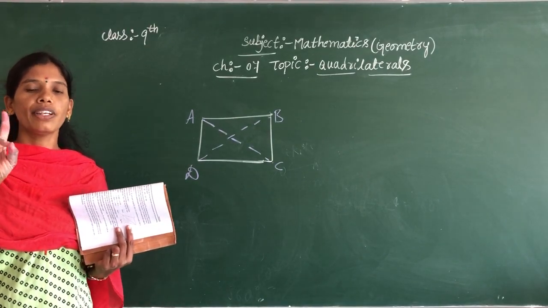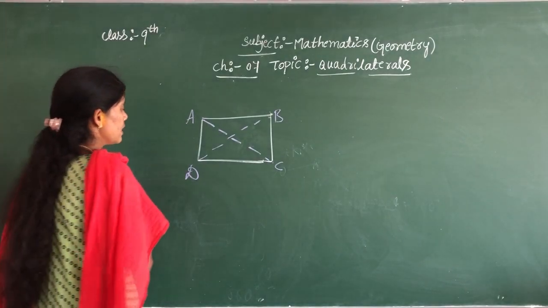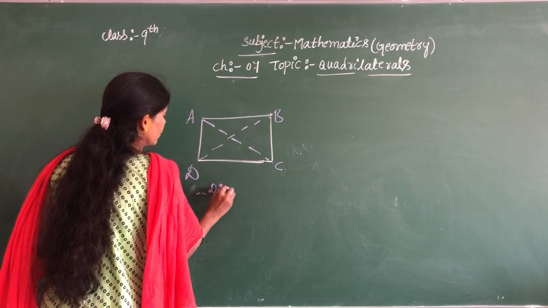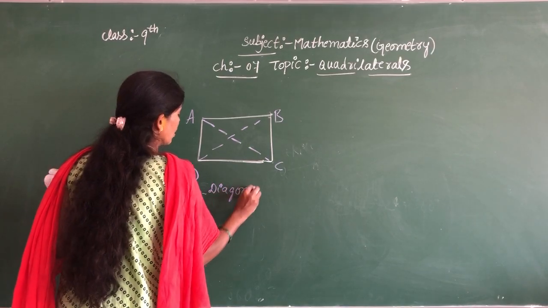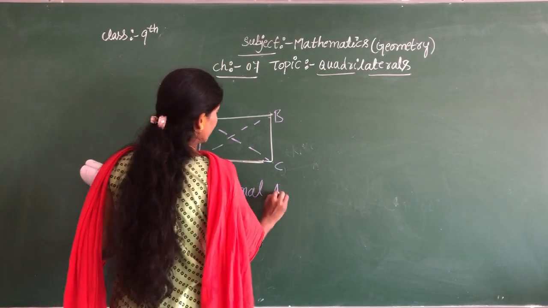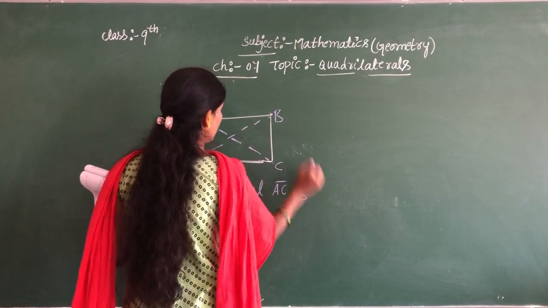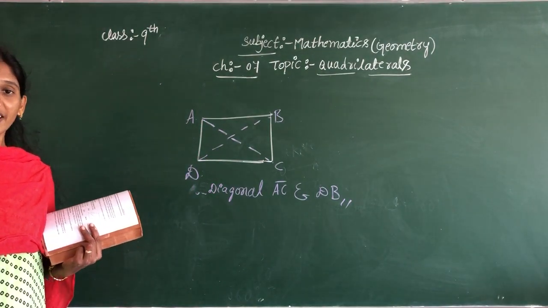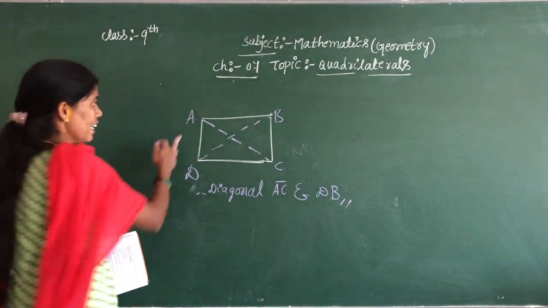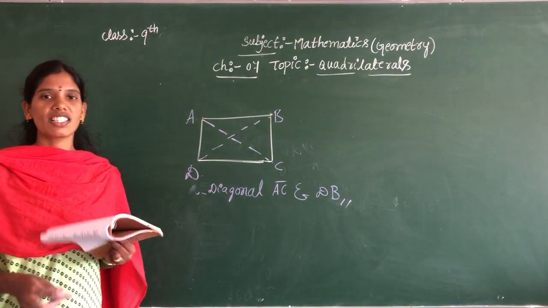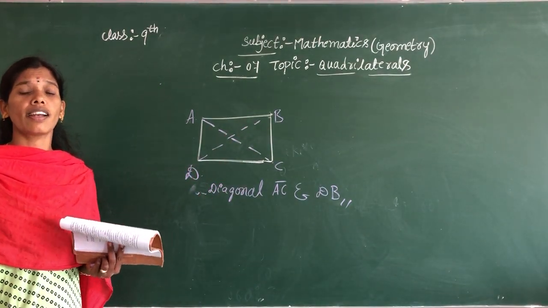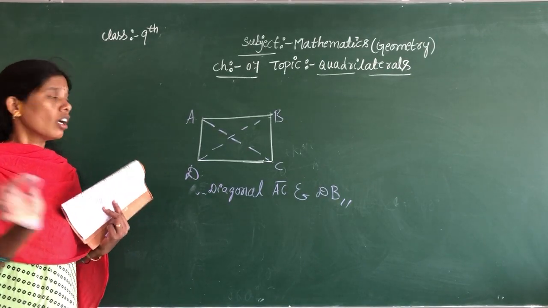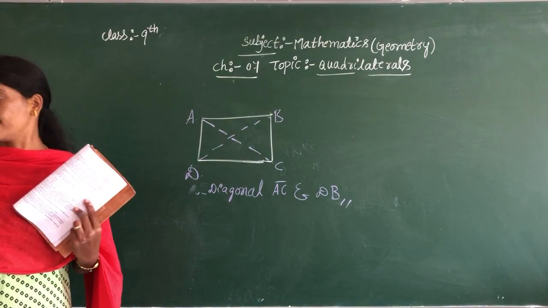We should put two diagonals, AC and DB. How many diagonals are there in a quadrilateral? Two diagonals, like AC and DB. Okay children, if you take any square, trapezium and kite, you should draw two diagonals.